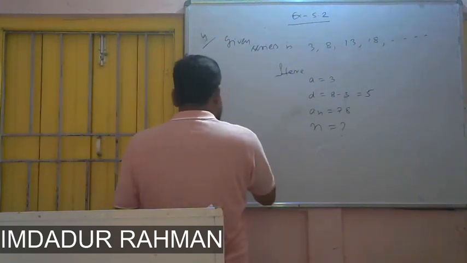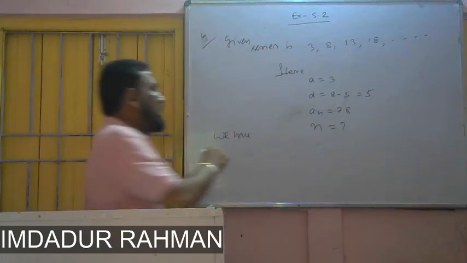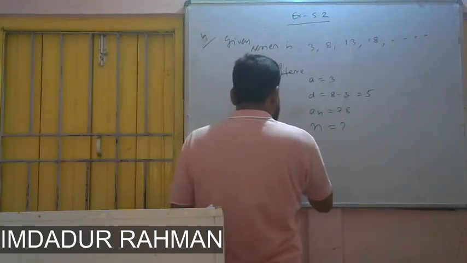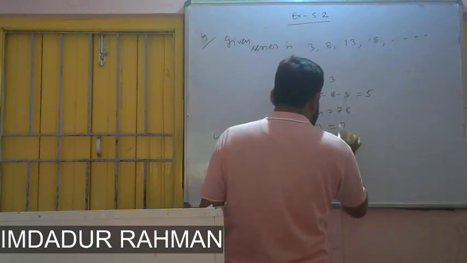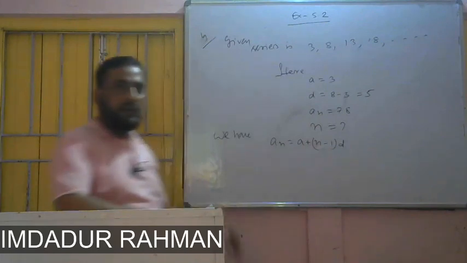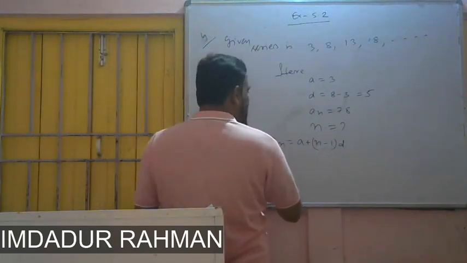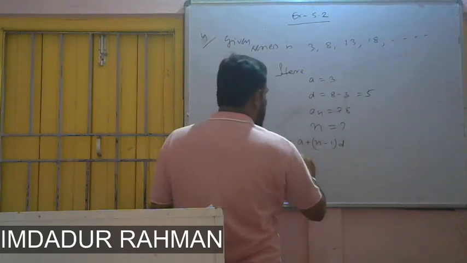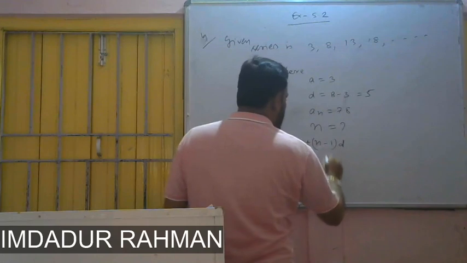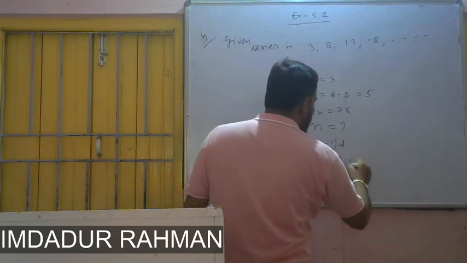Which formula will we use? The AN formula: AN is equal to A plus N minus 1 into D. If we put in the values, we will get the result. So AN is 78, A is 3, plus N minus 1 into D, which is 5.